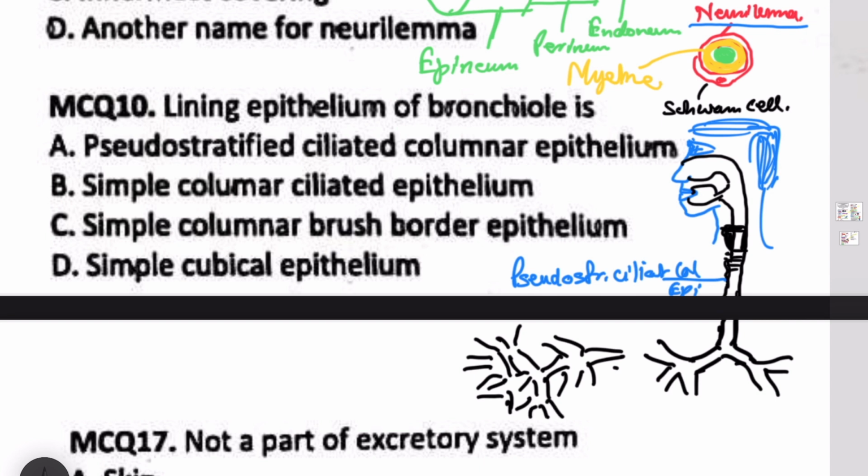After the tertiary bronchus, the name changes and it's called bronchioles, right? Bronchioles further ramify around 15-16 generations, and then they form the terminal bronchiole. The diameter of a terminal bronchiole is 1 millimeter. Remember that.